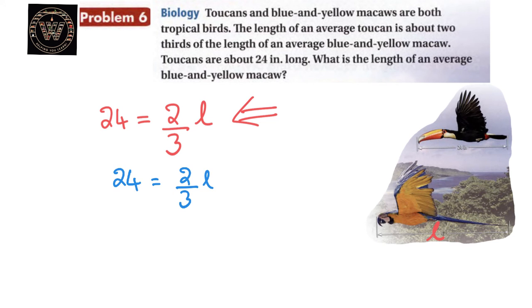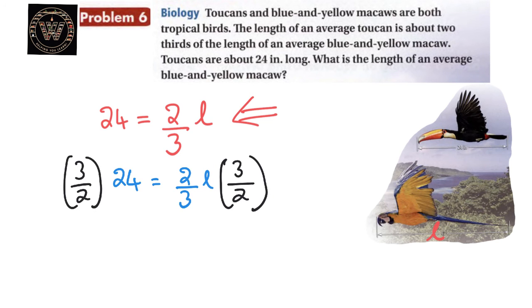We are multiplying both sides with the reciprocal 3/2. What happens? 3 and 3 cancel, 2 and 2 cancel. We are left with L = 24 times 3/2.